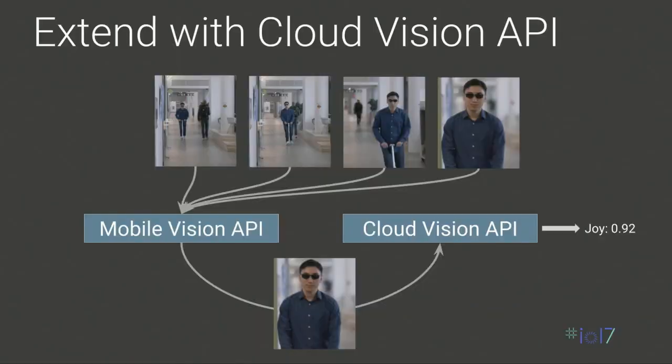Only if you find a large enough face inside the frame, you pass that frame to Cloud Vision API to do the emotion detection. By doing this, you can reduce the latency of your app, and you can get the same result as using Cloud Vision API solely. I'm going to play a video that might give you a better idea about what we can do by combining this local detection and cloud detection together.